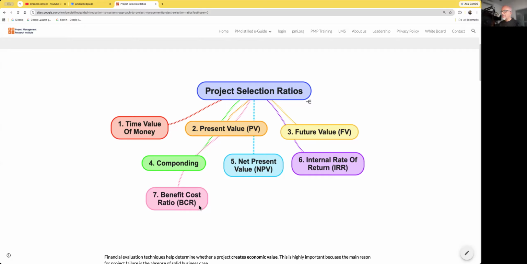Then again, while choosing the projects, another parameter we need to consider is the payback period. Let us say I put $1 million in a project. Now, in which year can I take out that $1 million from that project? So we call it as the payback period.